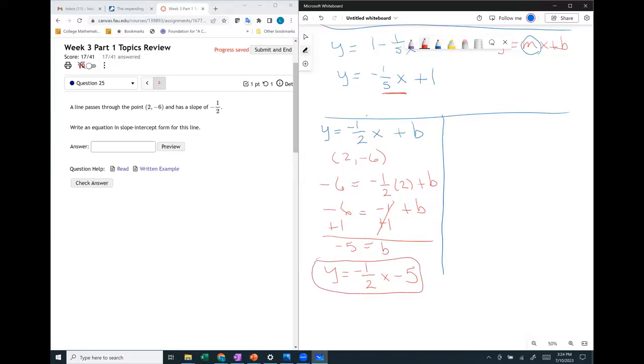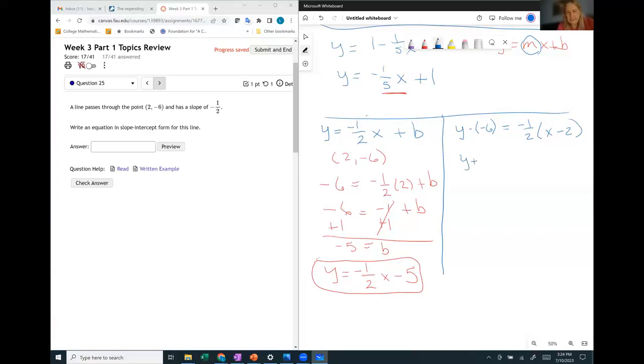Another way we can do it, and you can choose, is we have that point slope that hasn't been shown yet. So I told you about it. I could say y minus y1 equals m times x minus x1.